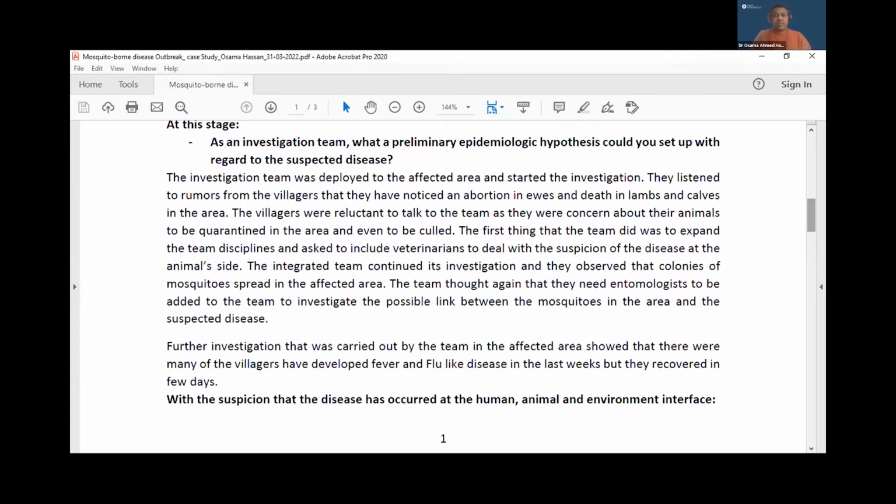While they were furthering the investigation of the situation in the affected areas, they noticed that there are also colonies of mosquitoes. So here also they recognized that, well, we lack entomologists, so we need to have them. This is their area of expertise.